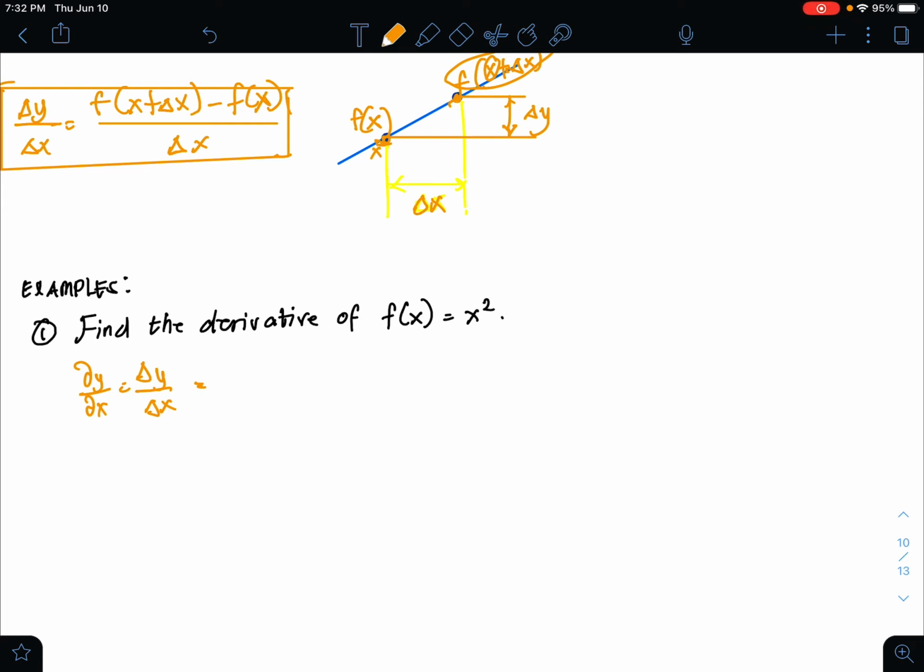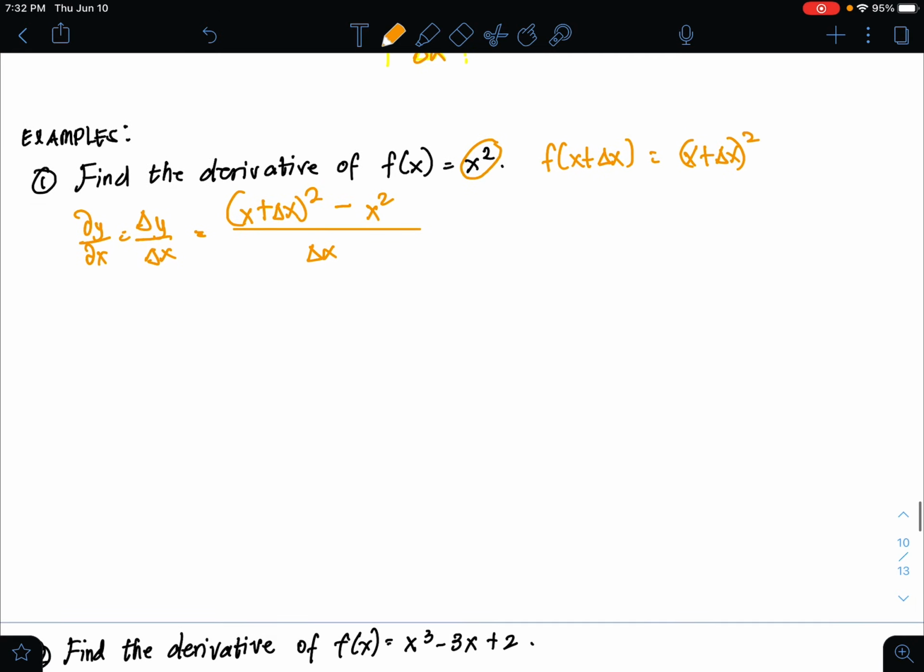Okay, so what is f of x plus delta x? So if f of x is equal to x squared, then f of x plus delta x is equal to x plus delta x squared. Easy as pie, right? So therefore, f of x plus delta x, which is x plus delta x squared, minus f of x, which is just equivalent to x squared, over delta x.